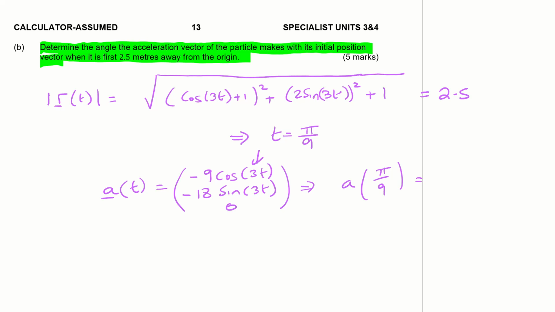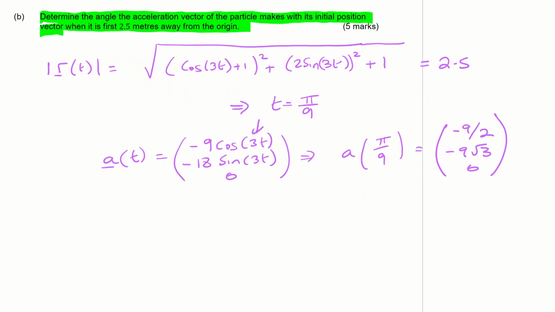So negative 9 times the cosine of π/3. Cosine of π/3 is a half, so that one's -9/2. And in a similar way, this one is -9 root 3, and this one is 0.